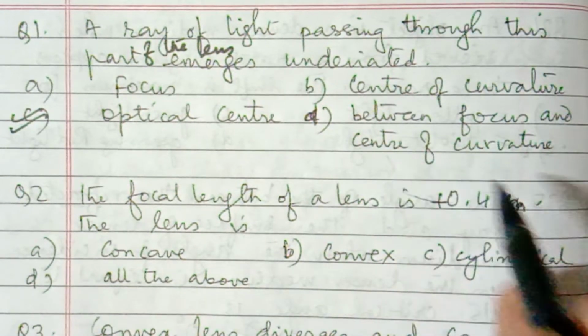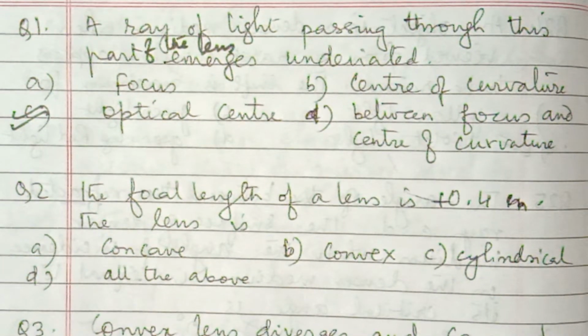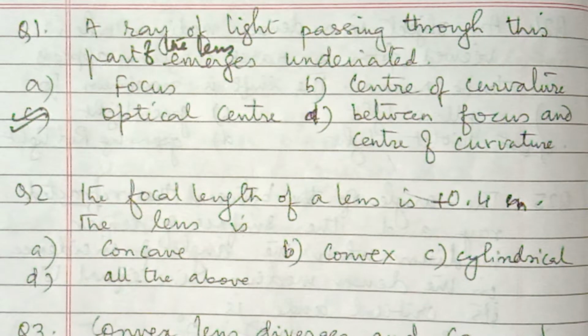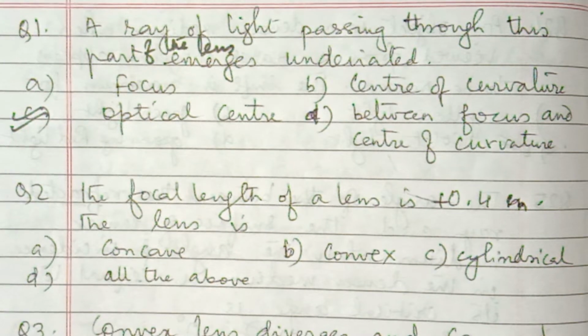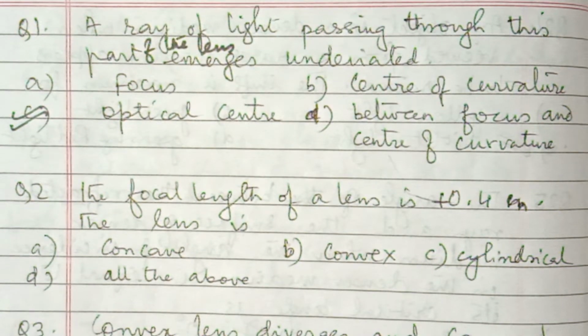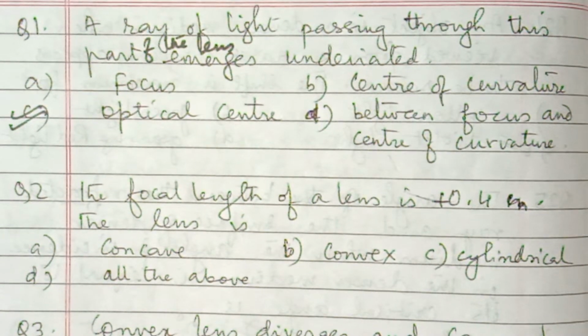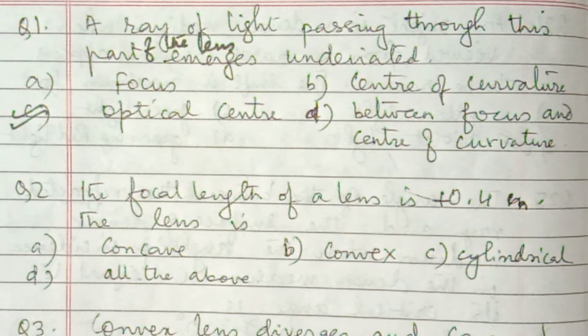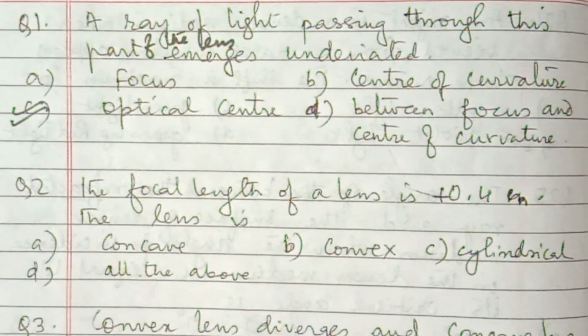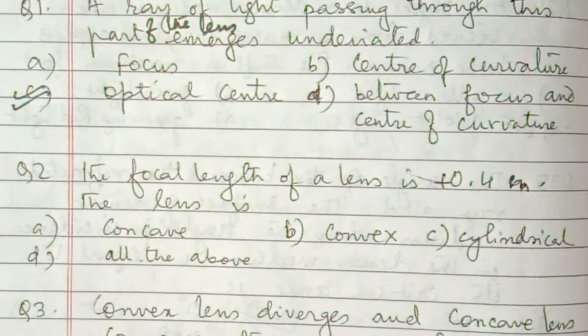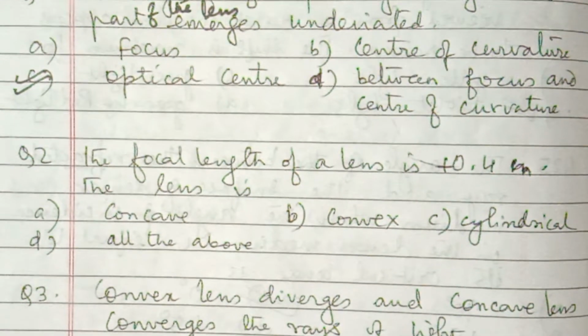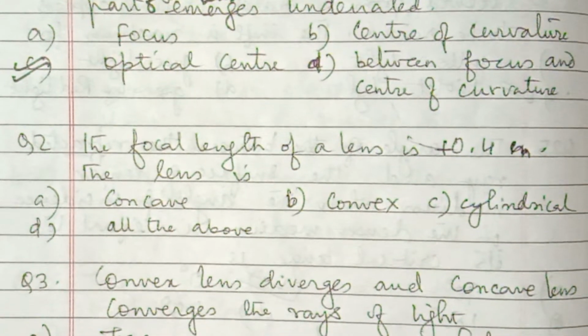Between focus and center of curvature also same. So optical center is the point through which any ray passing through the lens goes undeviated, and this is actually the definition of optical center. Okay, so optical center is the option.